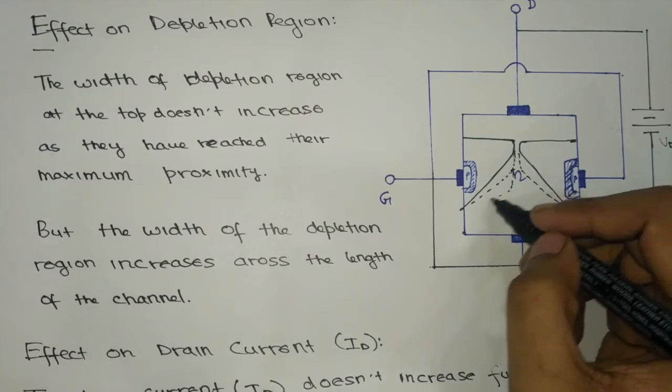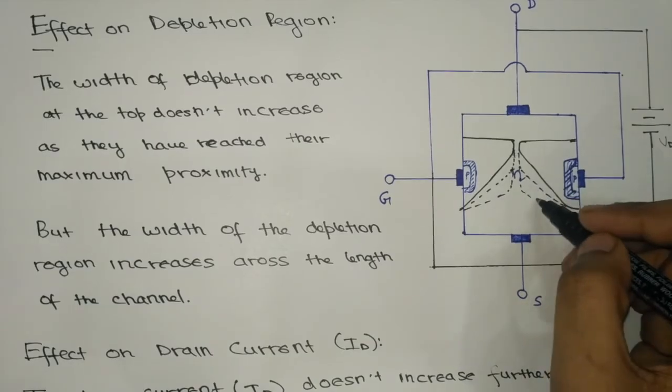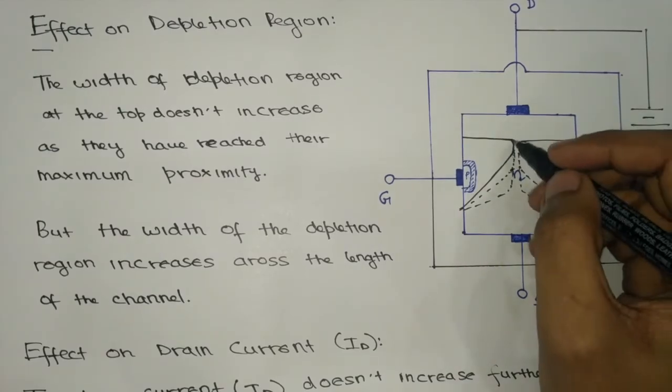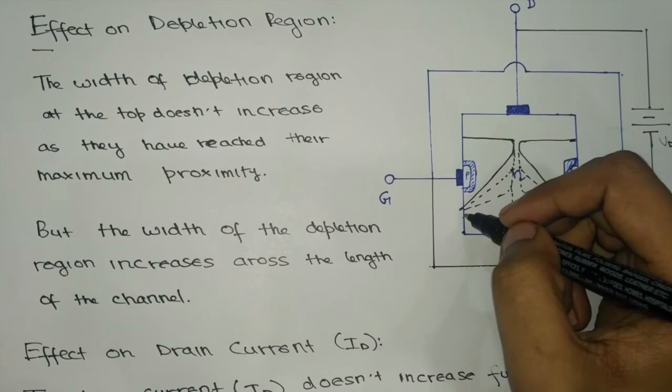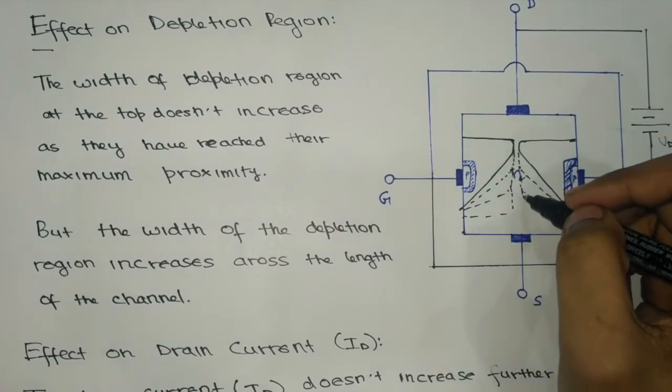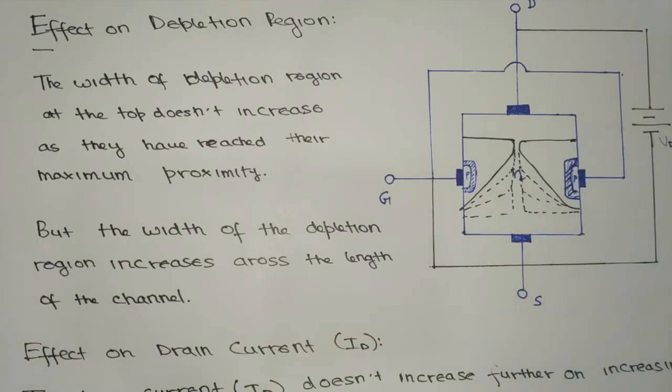Along the length of the N channel, as we go on increasing the VDS value, the depletion region increases, until throughout the region the distance between both the depletion regions becomes constant.